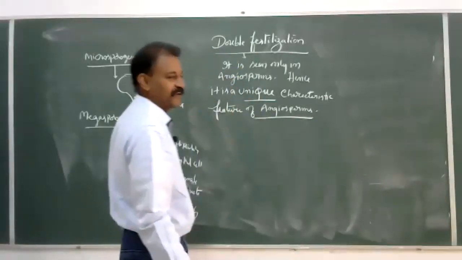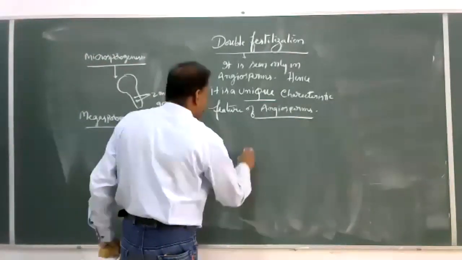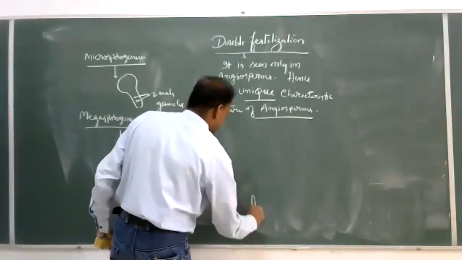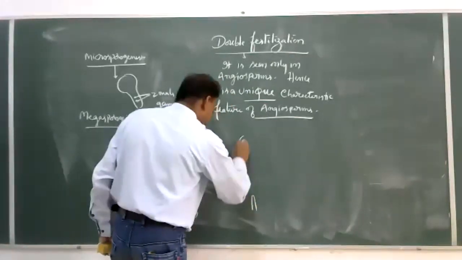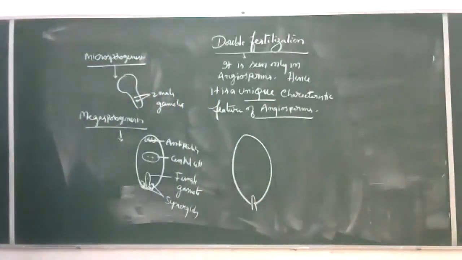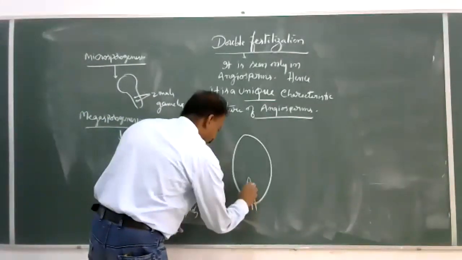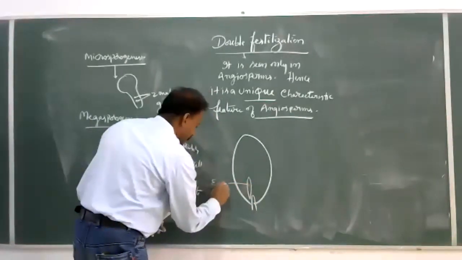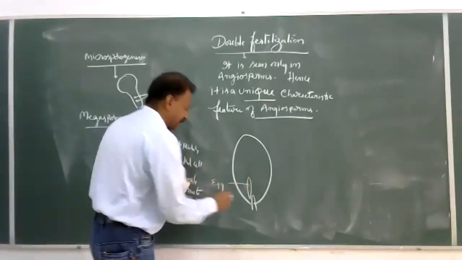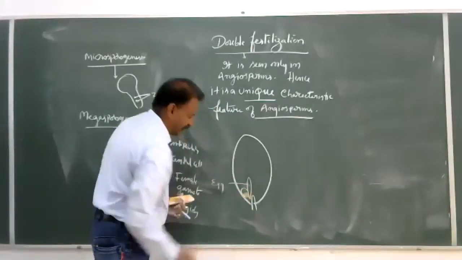Let us see what this double fertilization is. To understand, when a pollen tube enters into the embryo sac, the concept has been given like this. This is the egg cell. This is one synergid with filiform apparatus.